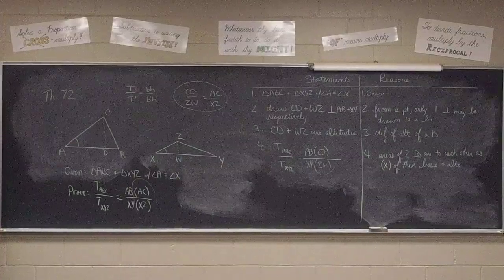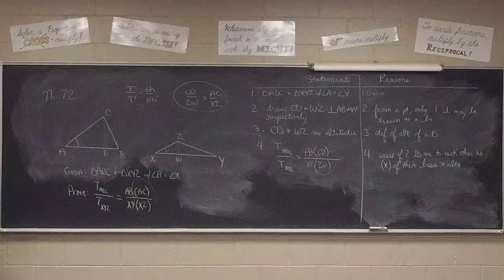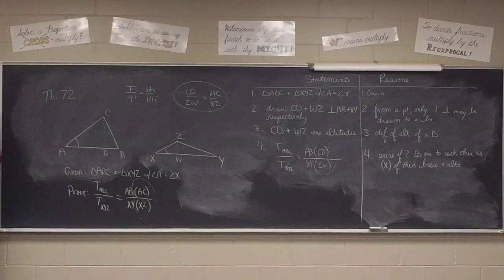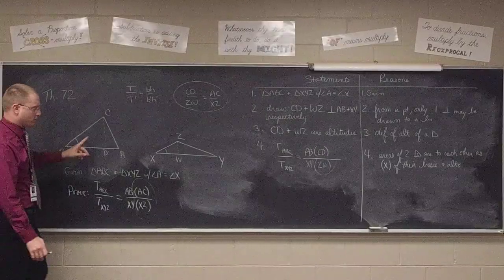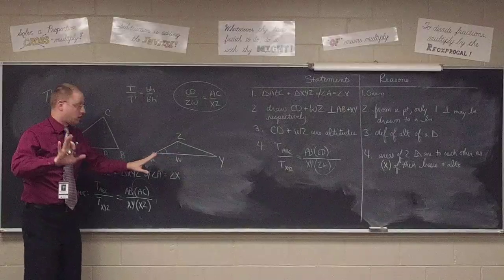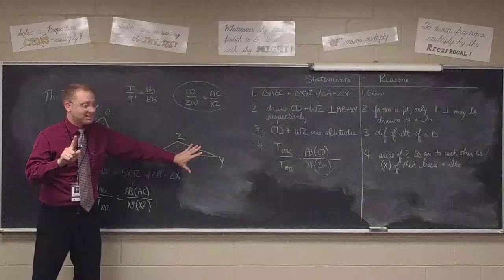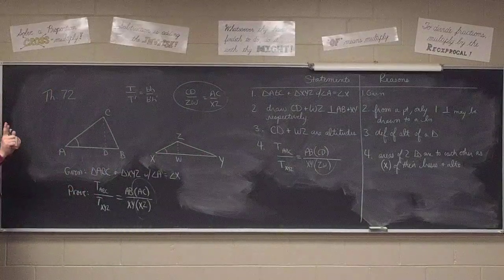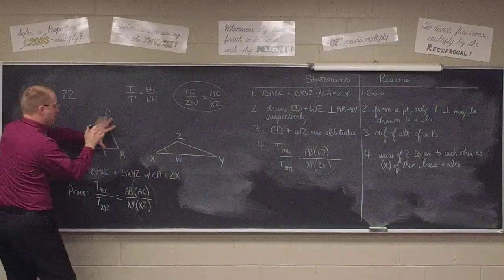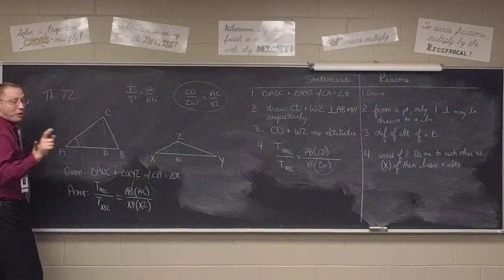Similar triangles? Yeah, but I don't have similar triangles, do I? I have one set of equal angles, and we expressly stated, class, that these two triangles were not similar. But Jamie, it's not about these triangles, it's about which triangles?